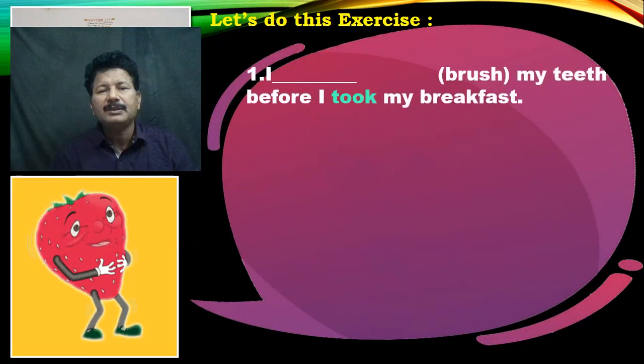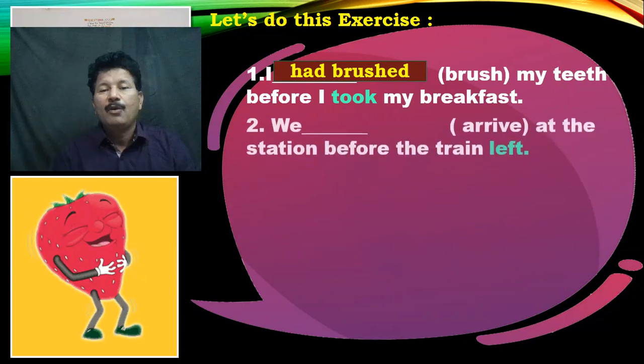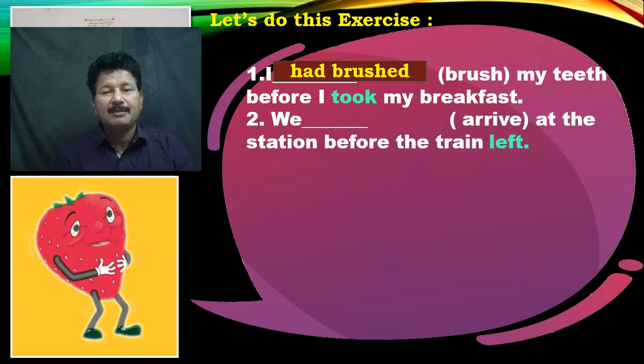Now, let's do this exercise. I brushed my teeth before I took my breakfast. So, I had brushed my teeth before I took my breakfast. We arrived at the station before the train left. So, we had arrived.